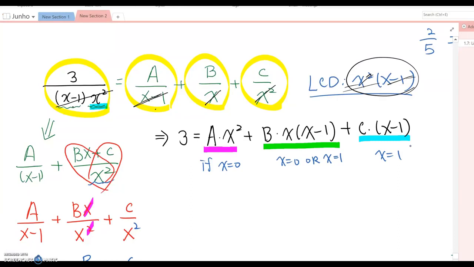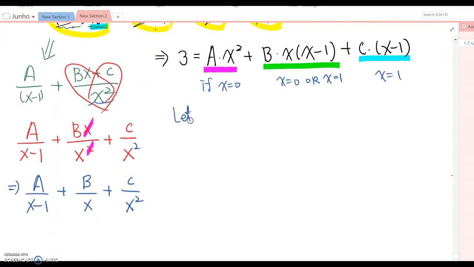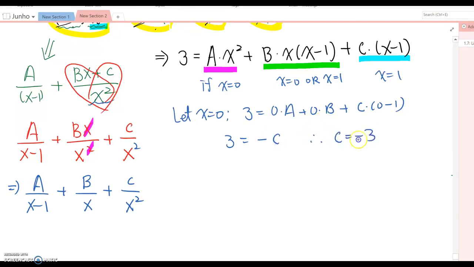So all three terms become 0 at either 0 or 1, then we can find some values easily. So let x equal 0, then this becomes 3 equals 0 times a plus 0 times b plus c times (0 minus 1). Therefore, 3 equals negative c. Therefore, c becomes negative 3. So we found c here.